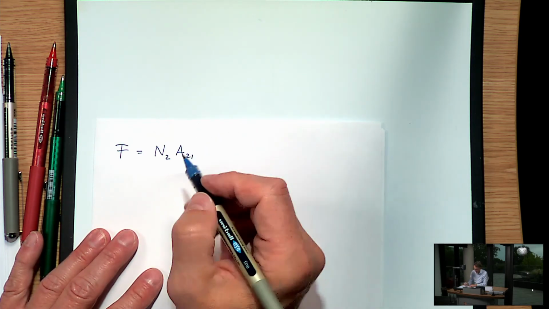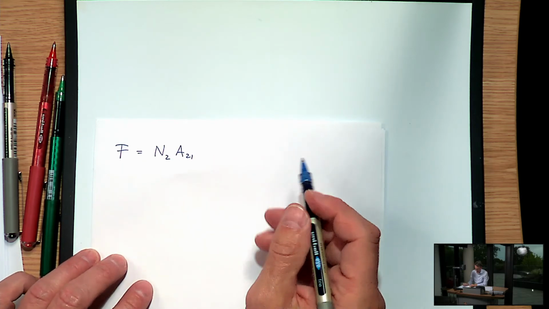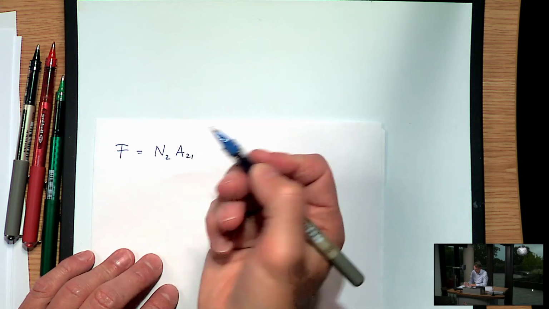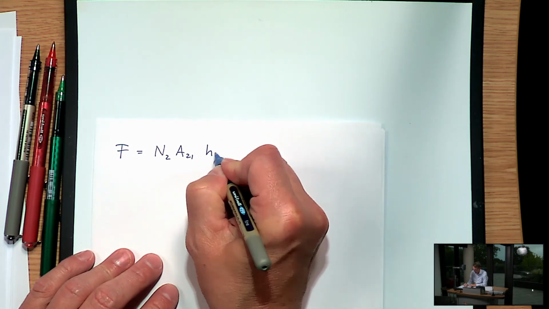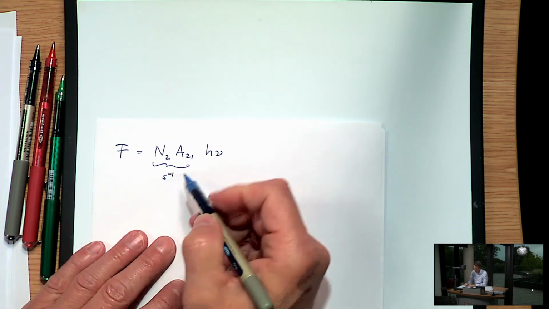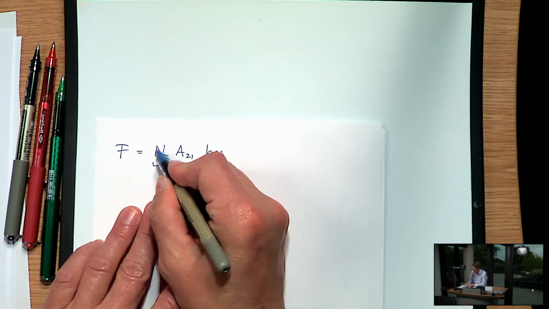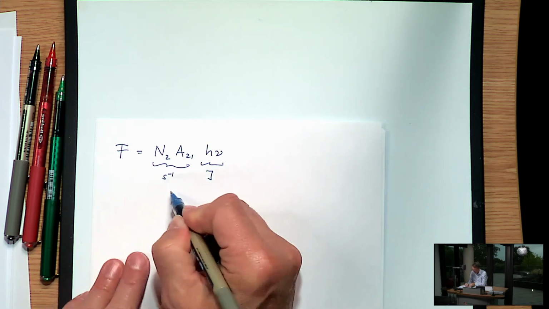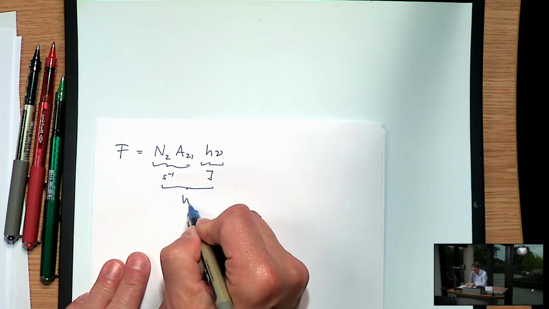And now, the photons that come back have energy h nu, so these are the number of transitions per second. It's proportional to the number of molecules times the rate, times the energy, so that has units of watts, joules per second is watts.